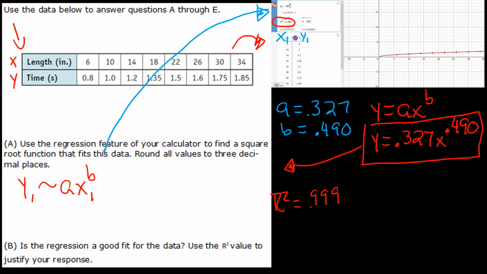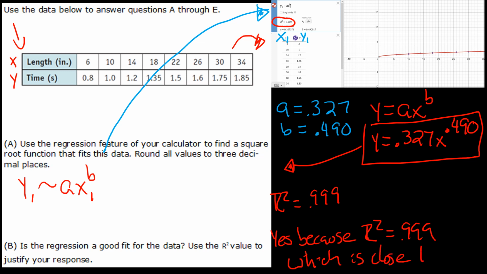You have to say yes or no. In this case, it is yes, because r squared is equal to 0.999, which is close to 1. And this would be your answer for B. And this is how you would do parts A and B, which you can get a lot of points on for the free response portion.